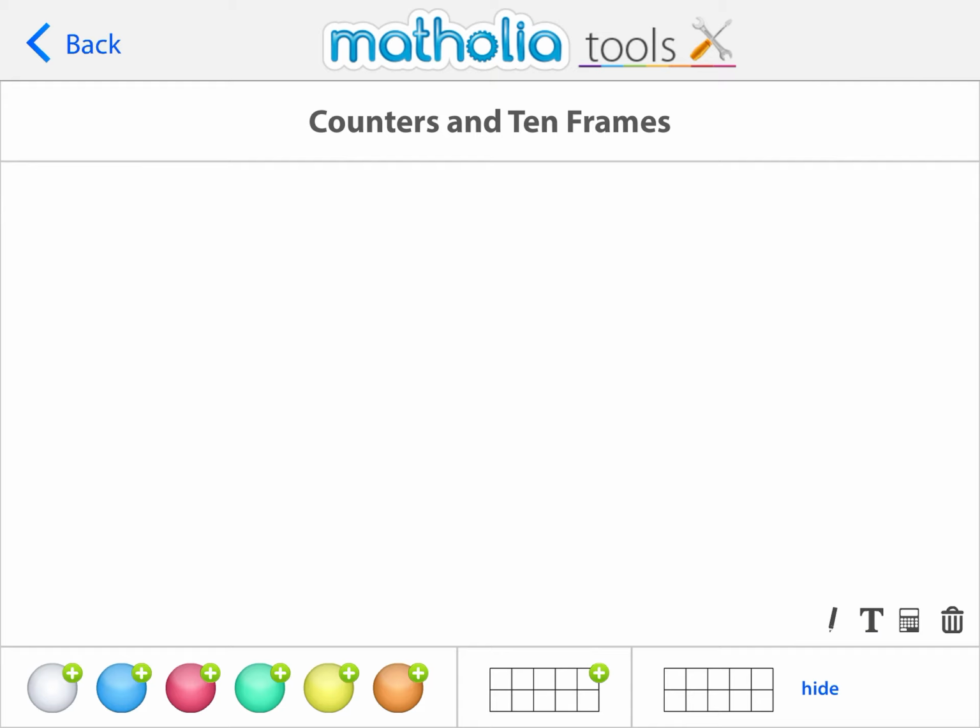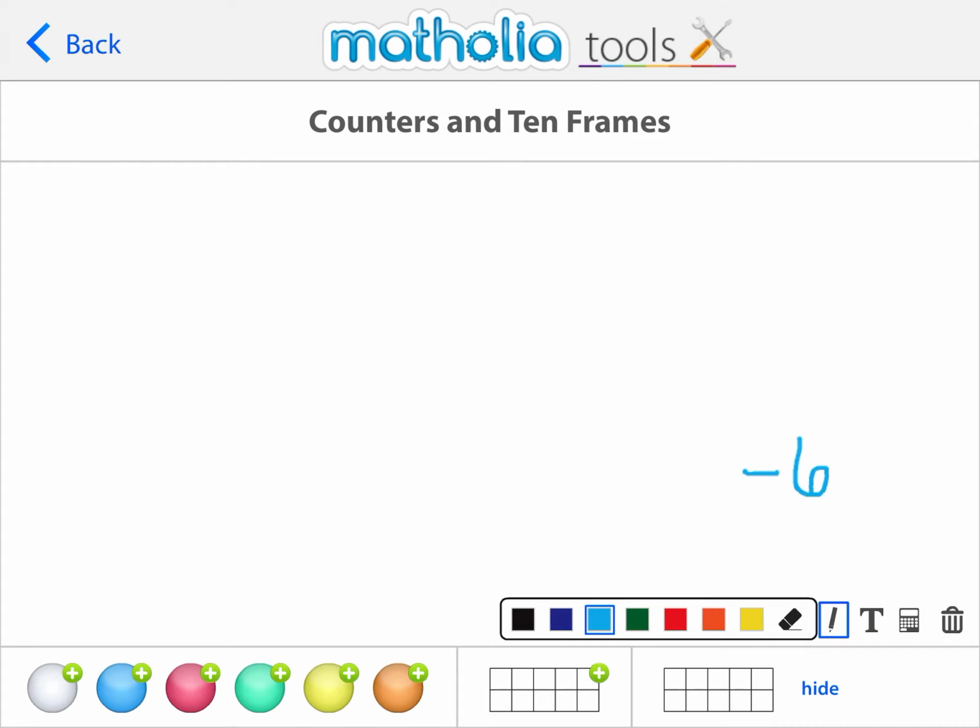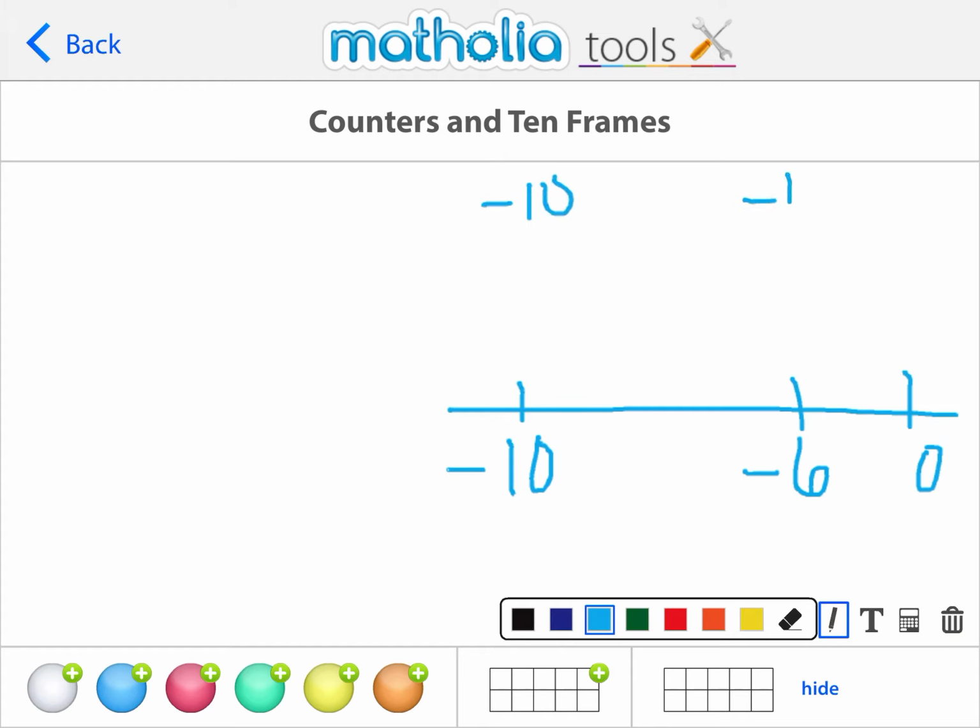Let's try another one. Let's go ahead and look at, say for instance, -6 and -10. So we're looking at -10 and -6.